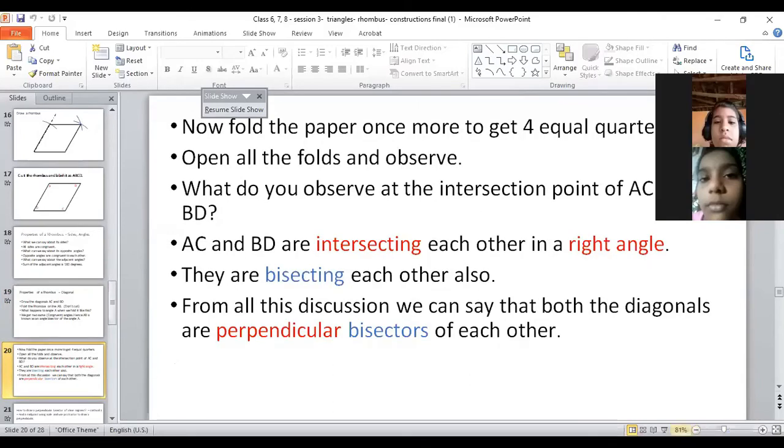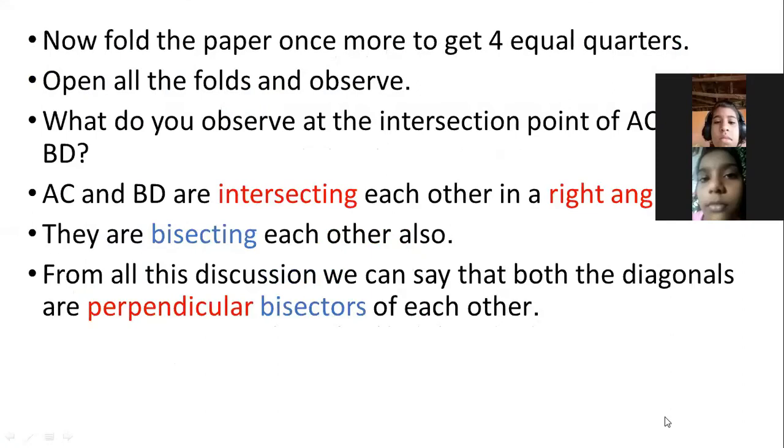There's another way of also doing perpendicular bisectors, that is by measuring with a scale, then half the length, find the midpoint. But we don't need to do that now because we have so many different ways. We can do it by paper folding, we can do it with a compass and a scale. So this way, by actually measuring and using a protractor, we can also do it that way. You can do that as homework.